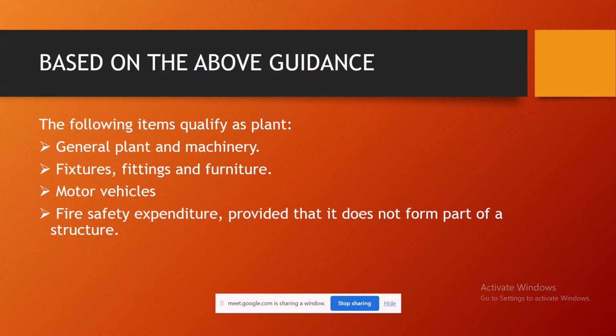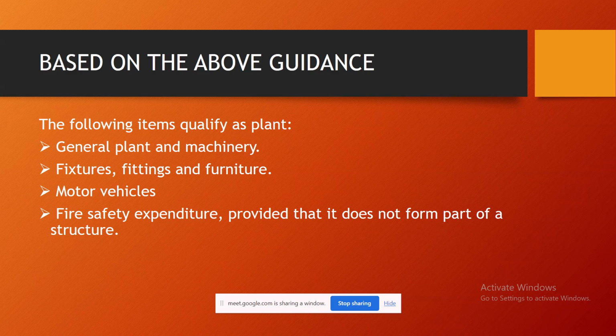Now, you notice that based on the above guidance, we can say that items that qualify as plant include general plant and machinery, fixtures, fittings, and furniture, motor vehicles, including fire safety expenditure, provided that it does not form part of a structure.